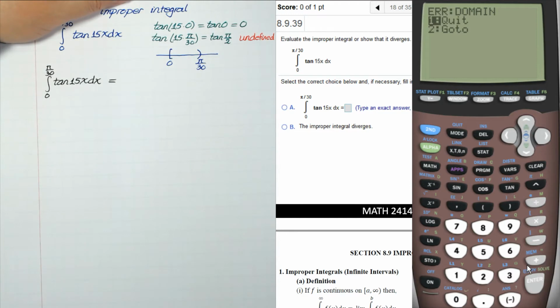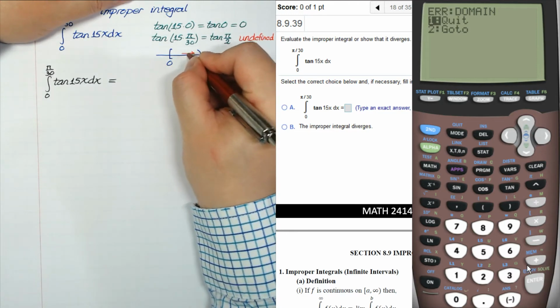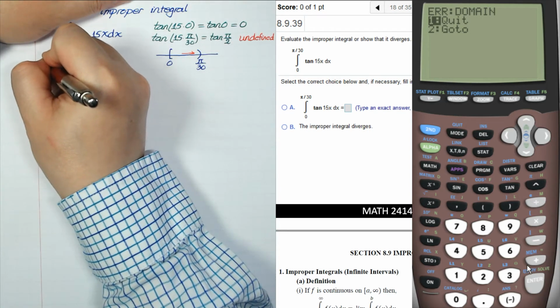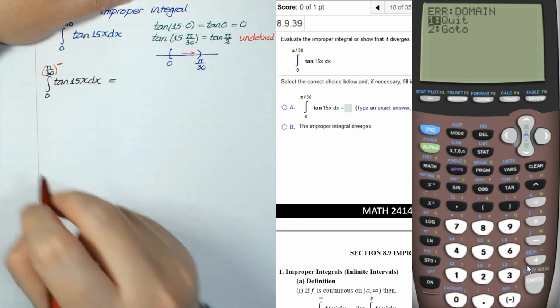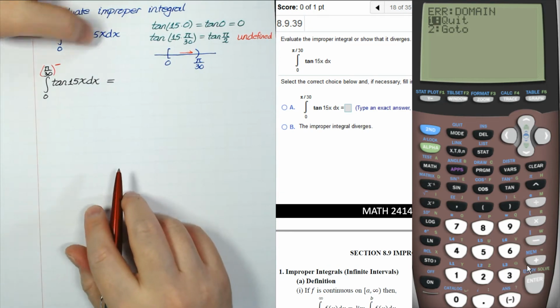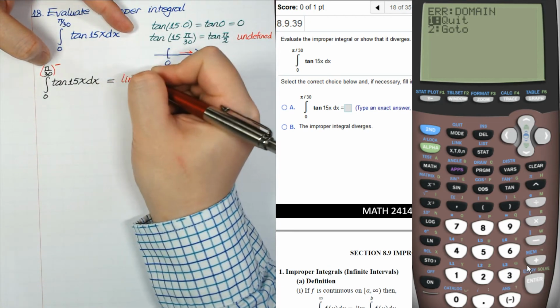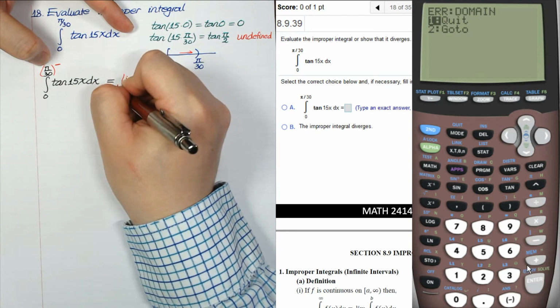Right. Now if we go between 0 and pi over 30, this is only on the left side of it. So we have to fix this, write that as, say, the upper limit. Let's use b for that.